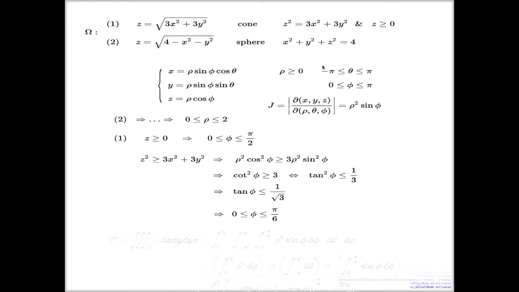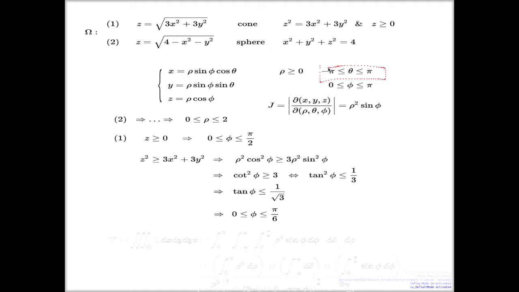Something for which Fubini works very easily. It's the upright parallelepiped with these boundaries in the rho axis, these are the boundaries in the phi axis, and in the theta axis, these are the boundaries.